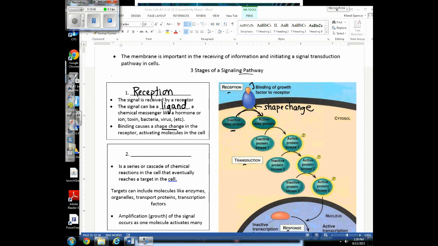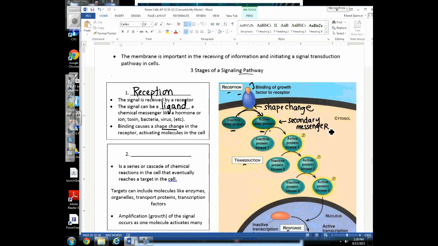So think of it like this. There was a signal that was brought to the outside of the cell, and now that signal has been relayed to the inside of the cell, to these molecules that are in the cytoplasm. Now, this newly active protein is going to start off a series of reactions. And this newly active protein is what is often referred to as a secondary messenger, like cyclic AMP.